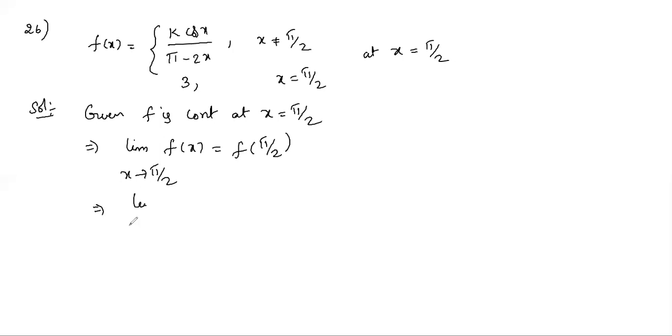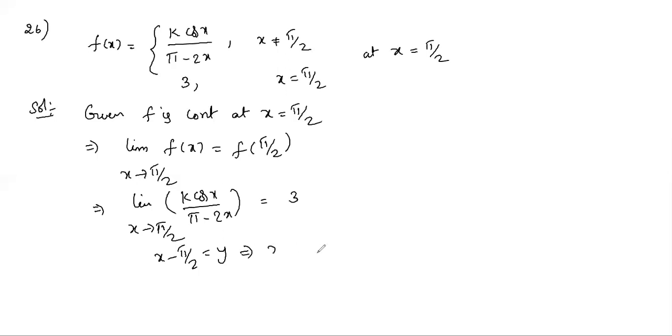So the limit as x tends to pi by 2 of k cos x by pi minus 2x equals f of pi by 2, which is 3. To find the limit, take x minus pi by 2 equals y, so x equals pi by 2 plus y. As x tends to pi by 2, y tends to pi by 2 minus pi by 2, which is 0.